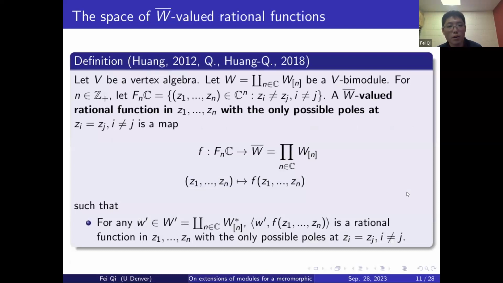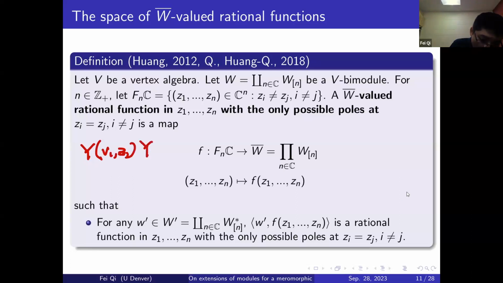All right. Let me give a very simple example. Suppose we consider the vertex element Y(v1, z1) Y(v2, z2) v. If you do it over a generic element v, then z1 equals 0 and z2 equals 0 are all supposed to be poles.